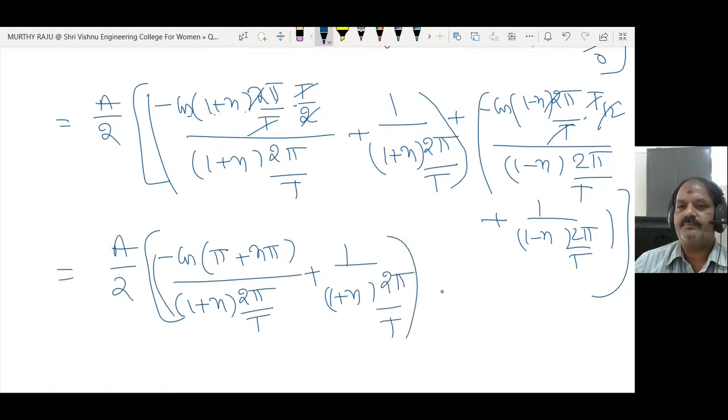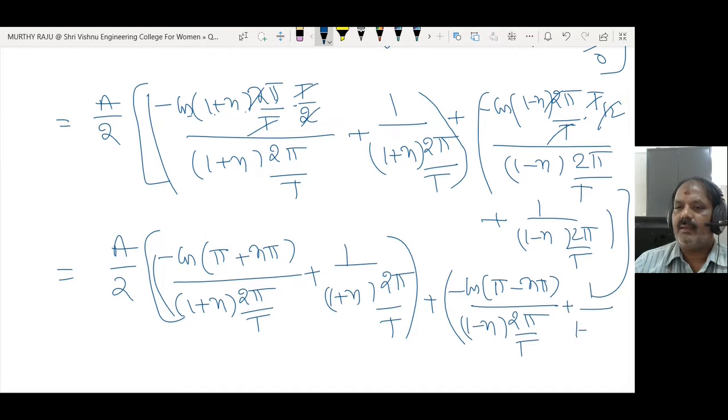This one is 1 plus minus cos pi minus n pi by 1 minus n 2 pi by t plus 1 by 1 minus n.